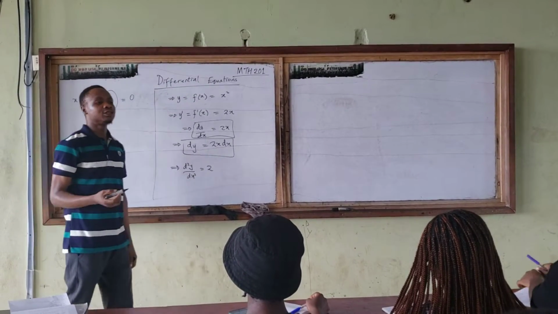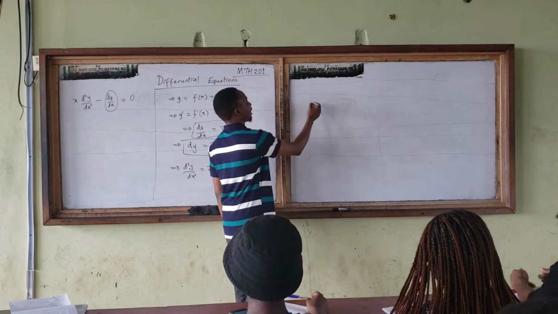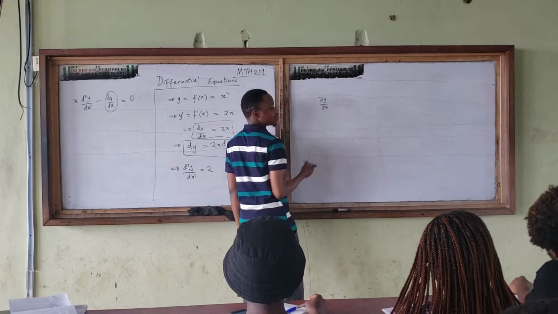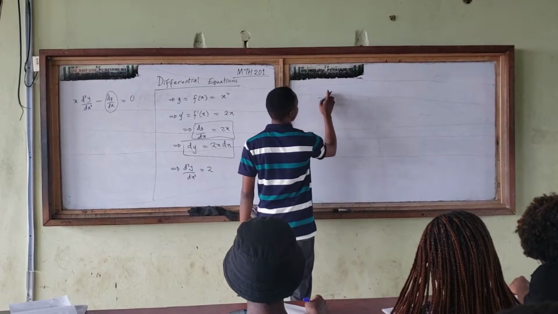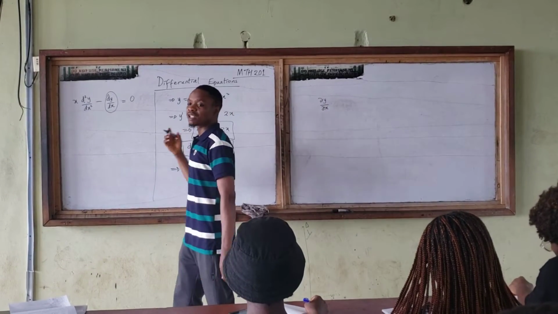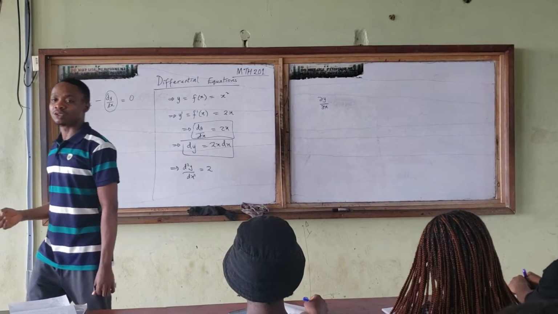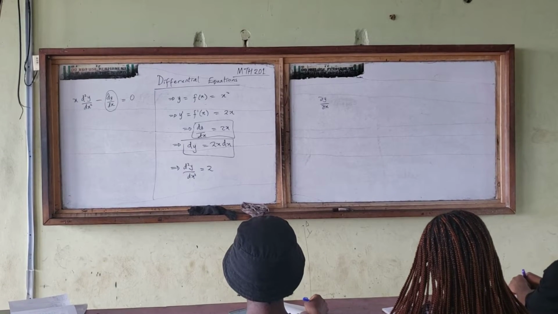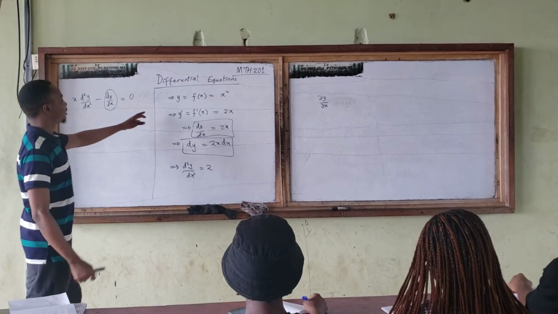What is the alternative to ordinary derivatives? You can have partial derivatives, say del y, del x. If you have something like this, it is called a partial differential equation. But solving partial differential equations is beyond the scope of this course, so we'll just deal with ordinary differential equations.